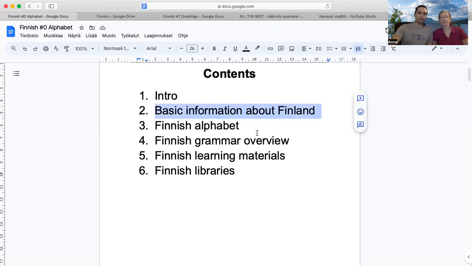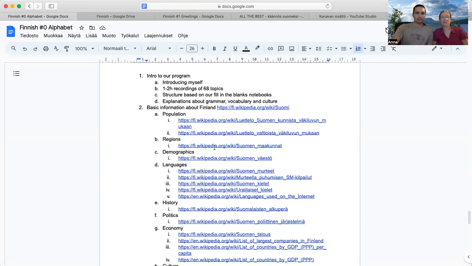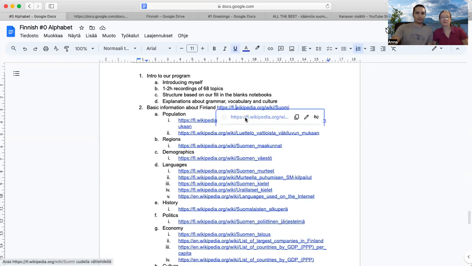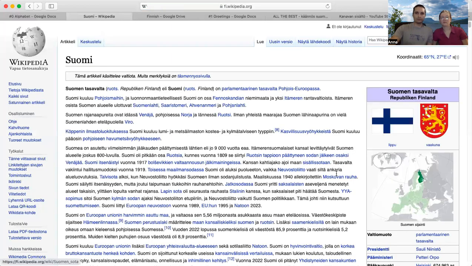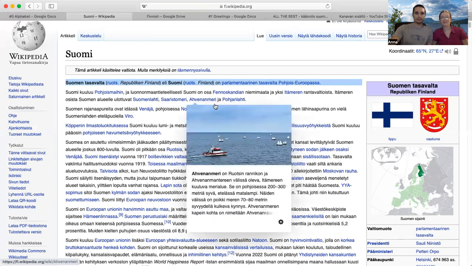So now let's go to basic information about Finland. So let's open the Wikipedia, and I'm going to go through the things here. Suomi, that means Finland in Finnish. Suomen tasavalta, the Finnish Republic.